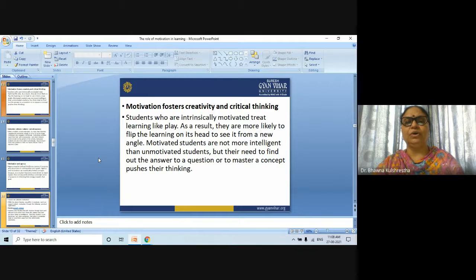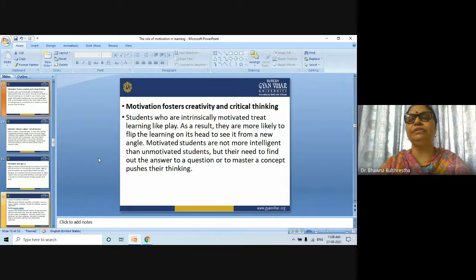Students who are intrinsically motivated treat learning like play. As a result, they are more likely to flip the learning on its head to see it from a new angle. Motivated students are not more intelligent than unmotivated students, but their need to find out the answer to a question or to master a concept pushes their thinking.